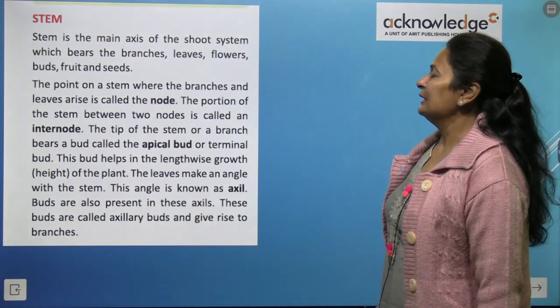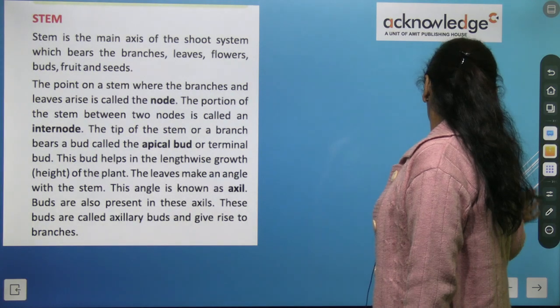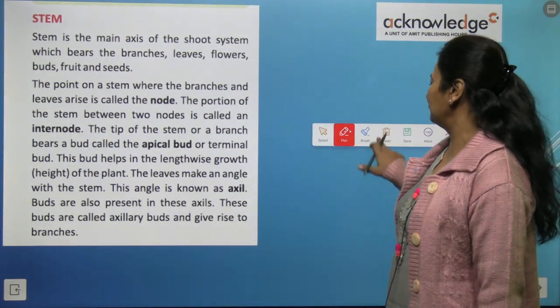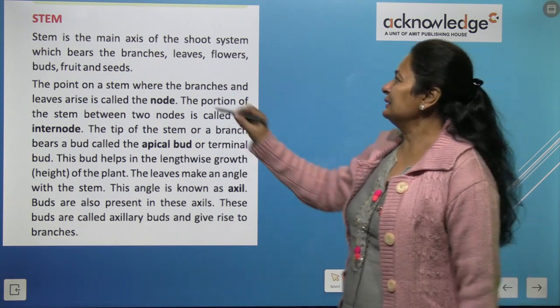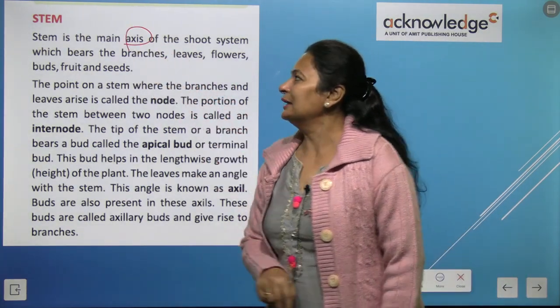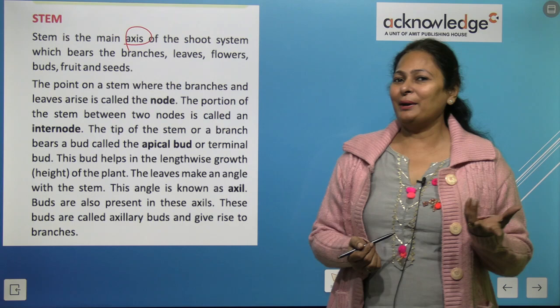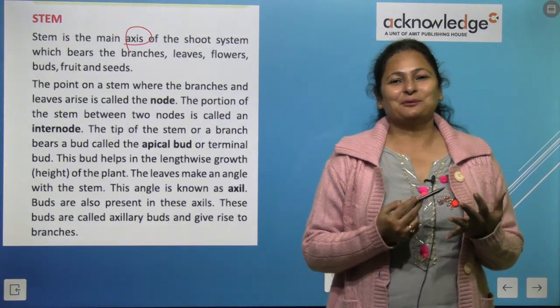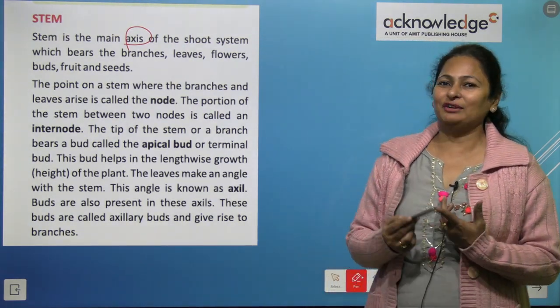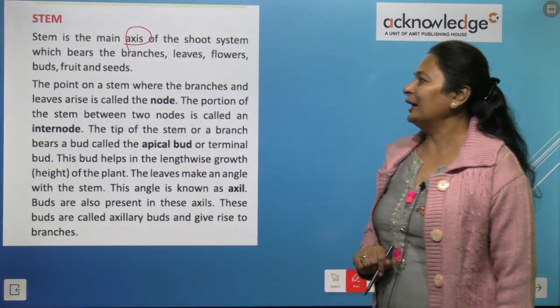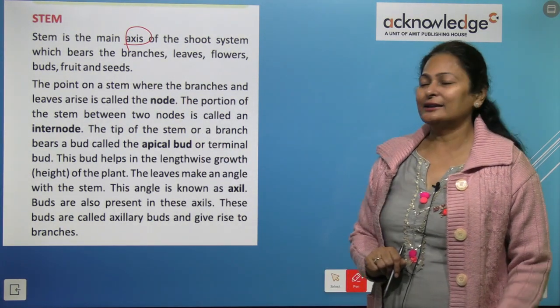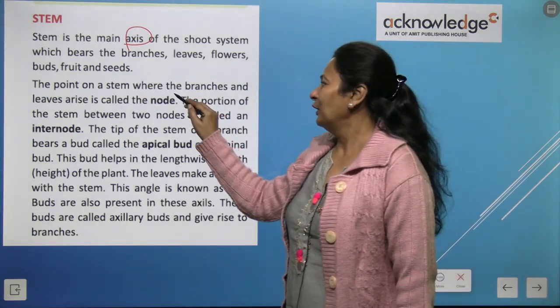Next is stem. We will discuss stem here. Stem is the main axis of the shoot system, and stem bears all the leaves, branches, fruits, flowers, right? The point on the stem where the branches and leaves arise is called node.